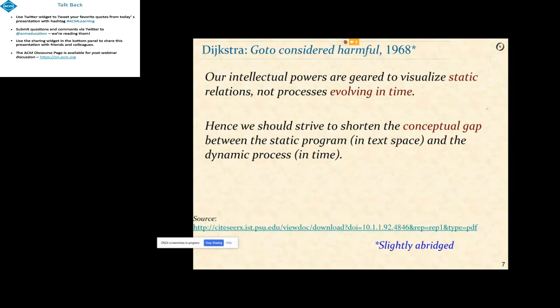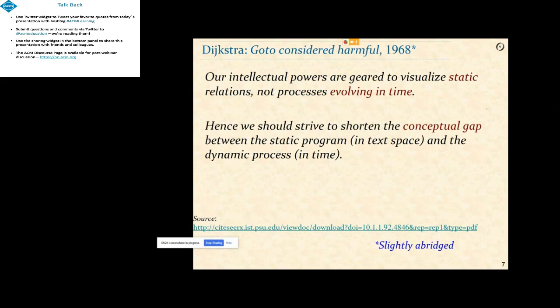So we know pretty well how to model static things, but when it comes to the execution of a computer program, rather the zillions of executions, the infinity of possible executions of a computer program, it becomes extremely hard, and we're not equipped for that.